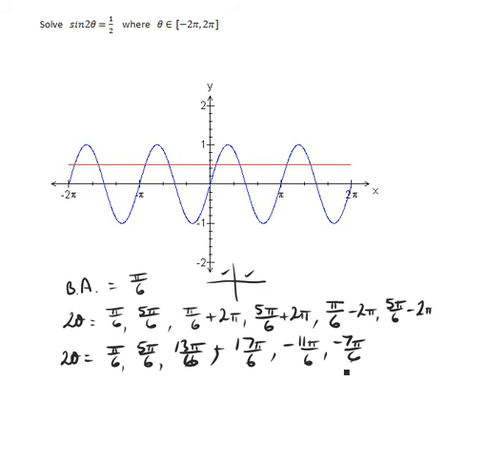Now, what I'm going to do next is put in the next 2 negative angles, which will be pi on 6 take 4 pi and 5 pi on 6 take 4 pi. So I haven't only just gone in a negative direction for one revolution of the circle, I've now gone 2 revolutions of the circle, negative 4 pi.